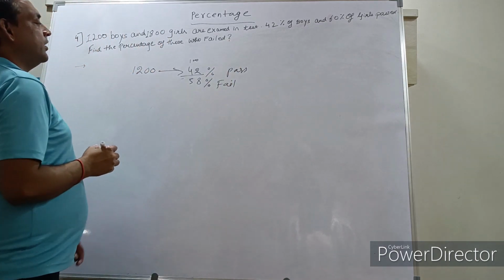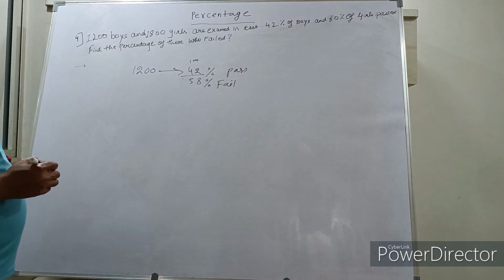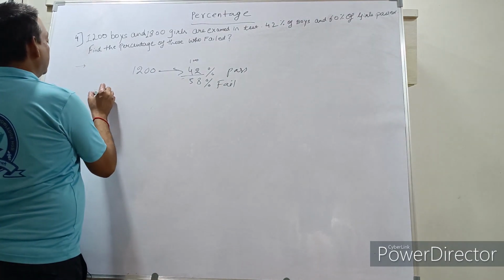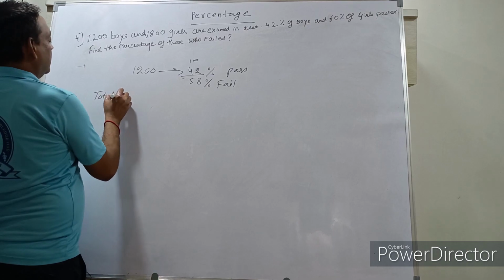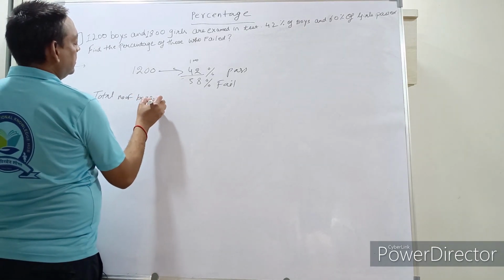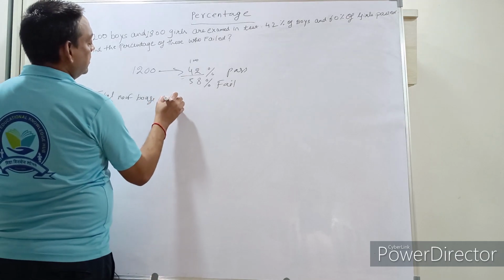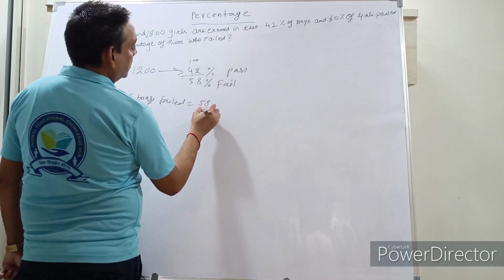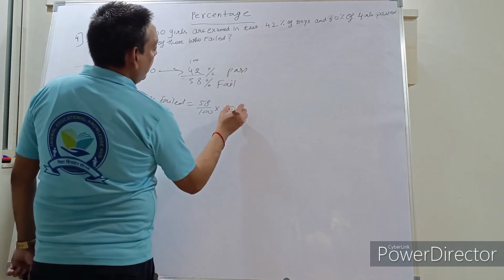58% of the boys fail out of 1,200. So the total number of boys failed is equal to 58 upon 100 into 1,200.